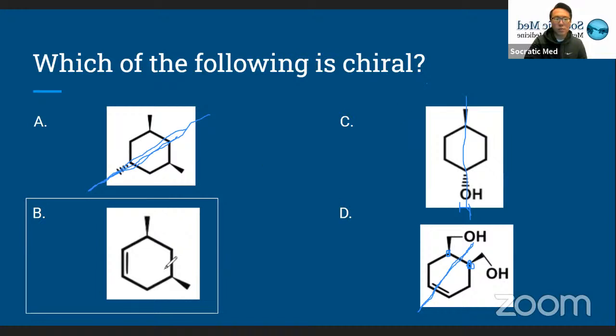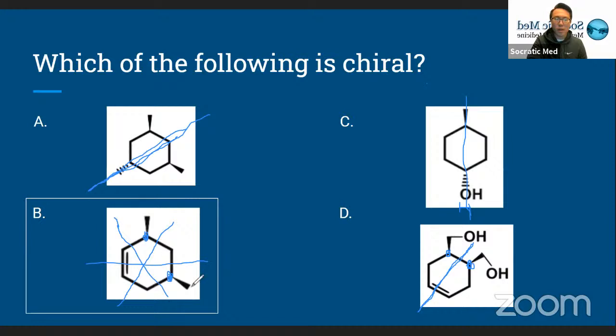But you see this one, it has these 2 chiral centers, and there's no way to draw a line through this molecule that would make it symmetrical on both sides. It doesn't matter if you draw it like this, both sides aren't equal. If you draw it like this, both sides aren't equal.